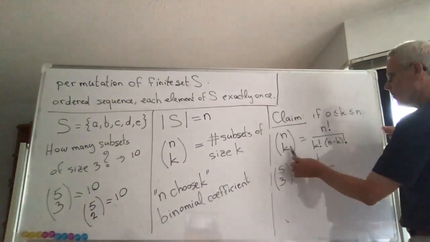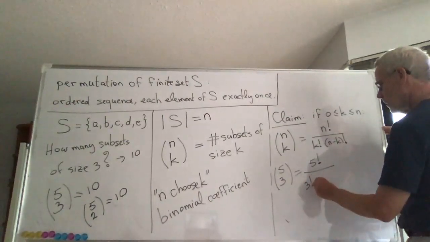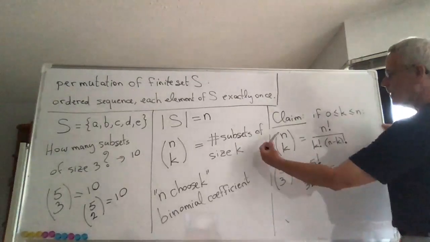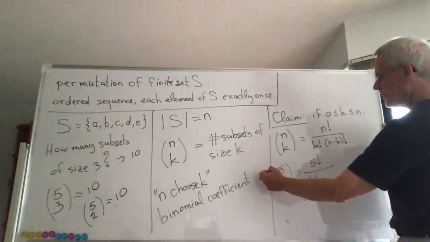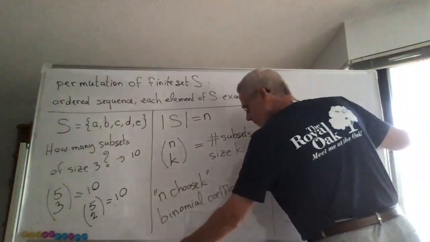Then we divide by k factorial, which becomes 3 factorial. And then we divide by n minus k, that's 5 minus 3, so that is 2 factorial.